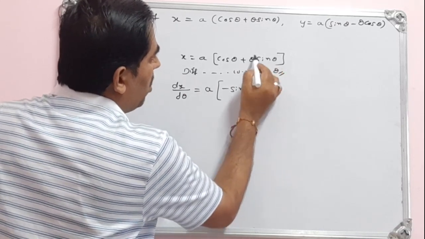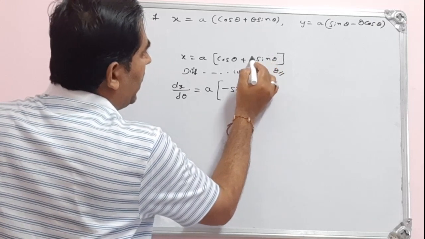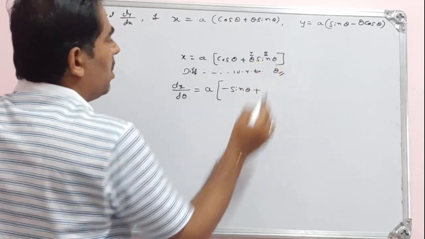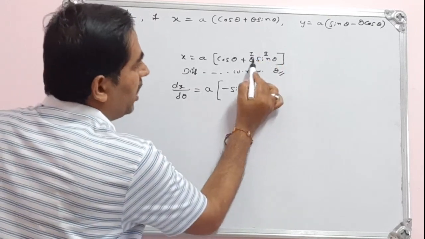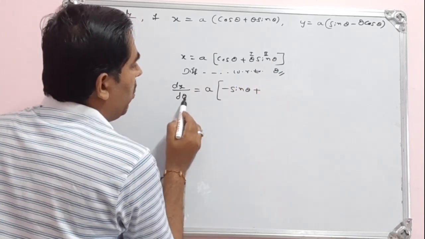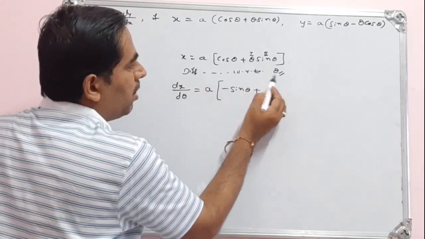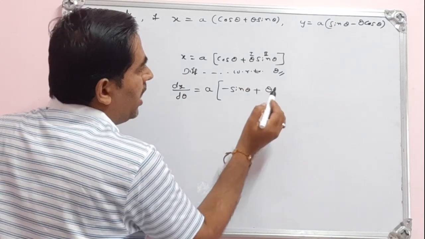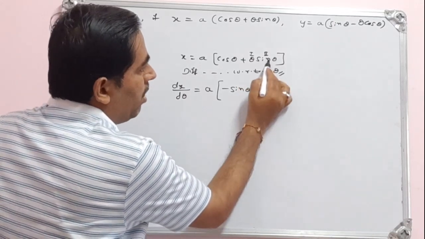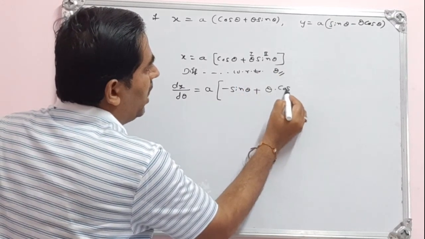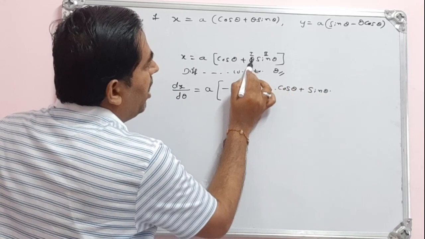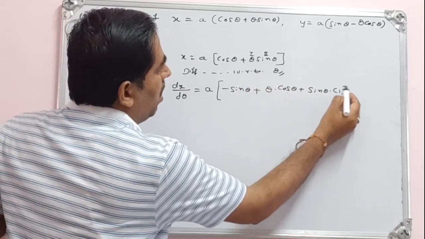How do you differentiate this? This is one function, this is another function: theta into sin theta. We have to use the product rule, first function, second function. So after writing plus, I will use the product rule. What is the derivative of theta sin theta with respect to theta? First function theta into derivative of sin theta, which is cos theta, plus second function sin theta into derivative of theta with respect to theta, which is 1.